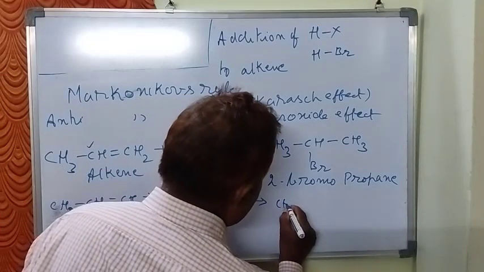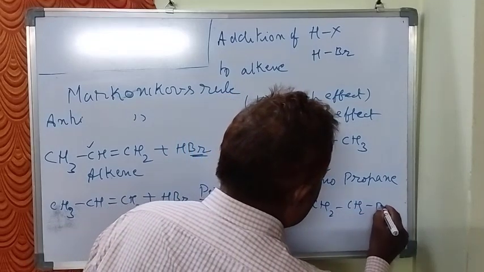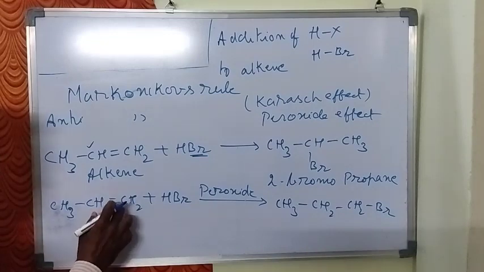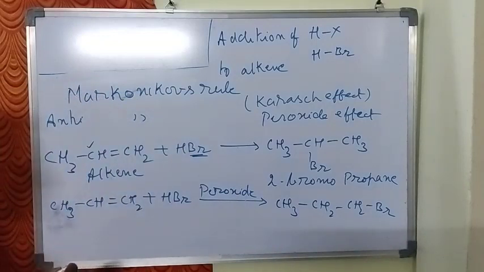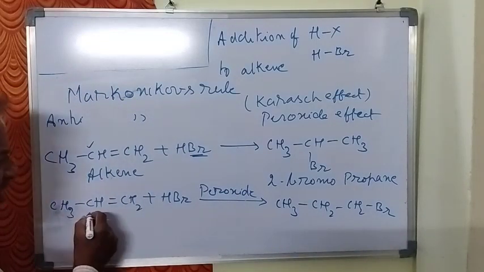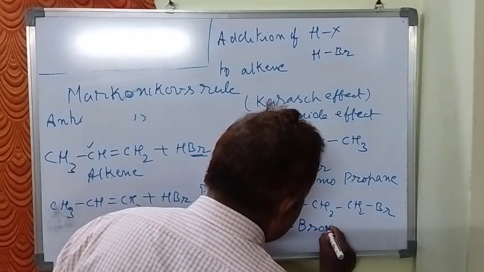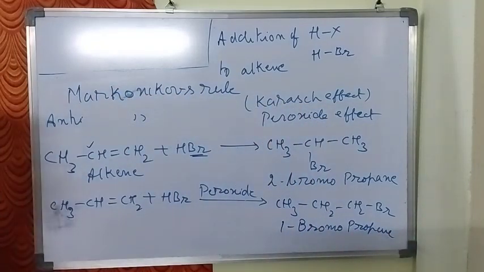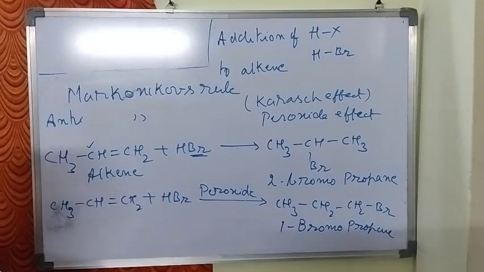Therefore, we get here CH3CH2CH2Br. To this carbon, bromine is attached, and the other doubly bonded carbon atom takes hydrogen. Therefore, what do we get? This is 1-bromopropane.